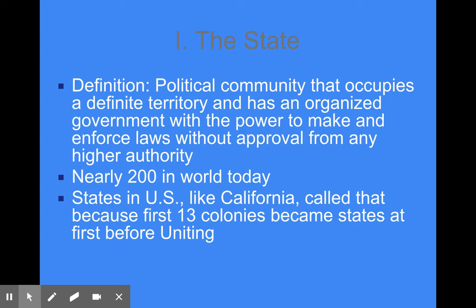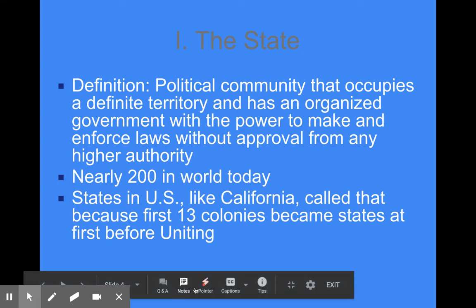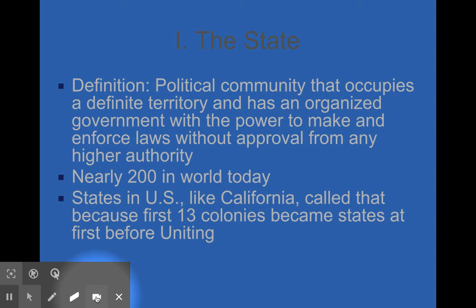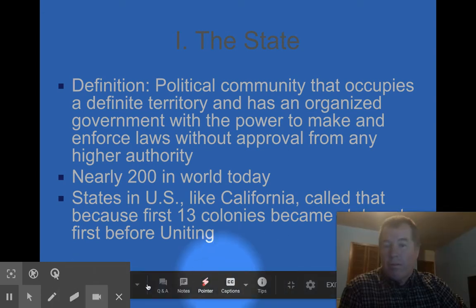Well, way back, 1776, when we declared our independence from the British, right? We were colonies, 13 colonies. Those colonies considered themselves states. Okay? All right.